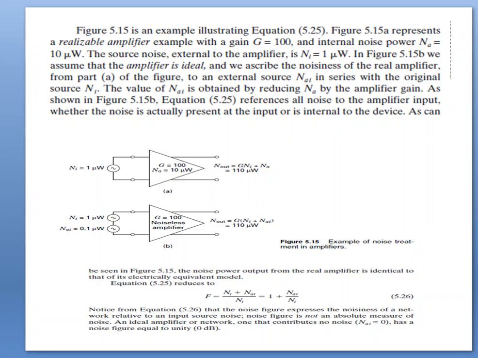Notice from the equation above that the noise figure expresses the noisiness of the network relative to an input noise source. Noise figure is not an absolute measure of noise. An ideal amplifier or network, one that contributes no noise, has a noise figure equal to unity, that is 0 dB.